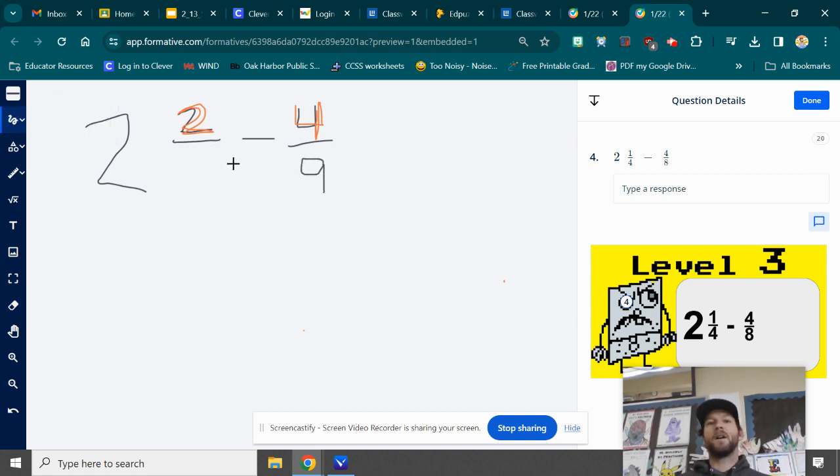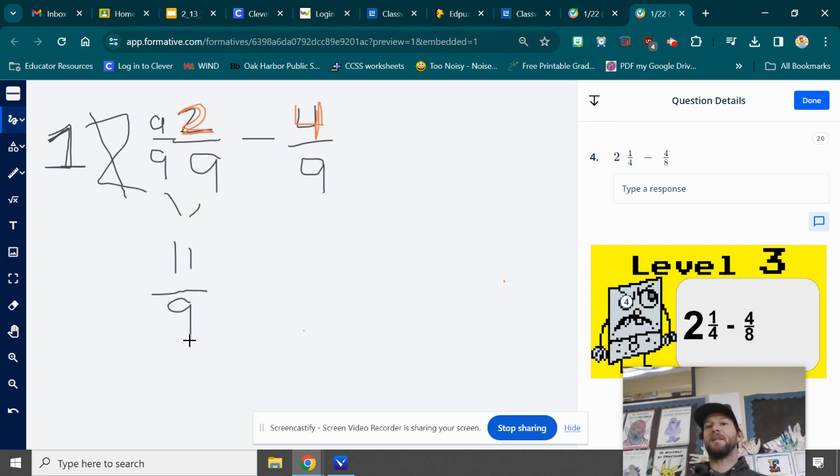Okay, so if it was 2 2/9 minus 4/9, I still can't take 4 away. So I'm going to borrow 1 whole. How many 9ths are in 1 whole? Everybody? 9. So if I add 9 9ths to 2 9ths, I have 9 9ths plus 2 9ths. Now I have 11 9ths.